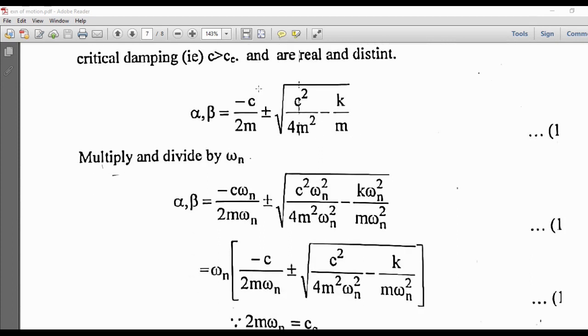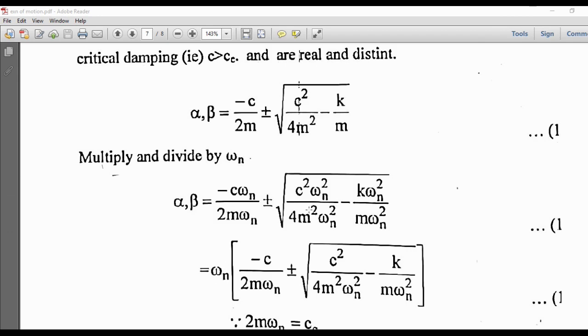So what I'm doing here is I'm multiplying and dividing throughout by omega n, and I'm taking omega n outside. So this becomes minus c by 2m omega n plus or minus, so this is omega n square, so when it comes outside the root it becomes omega n.